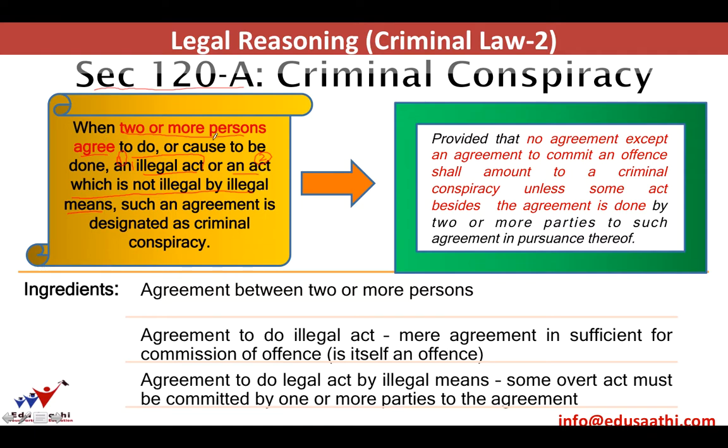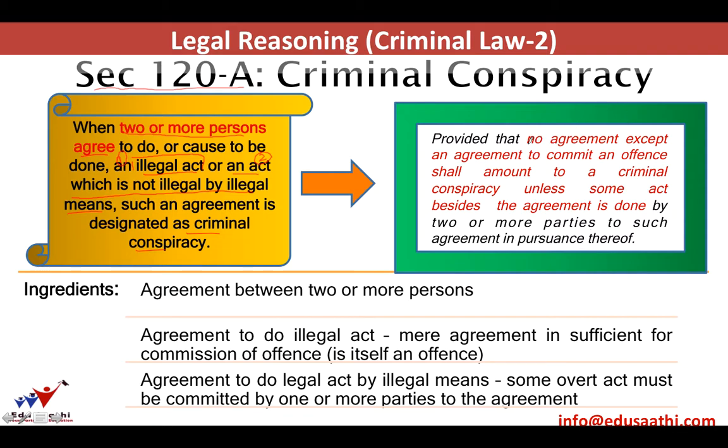So when two or more persons come together to do an illegal act or a legal act by illegal means, that agreement between such persons is called criminal conspiracy. Provided that no agreement except an agreement to commit an offence shall amount to a criminal conspiracy unless some act besides the agreement is done by two or more parties to such agreement in pursuance thereof.